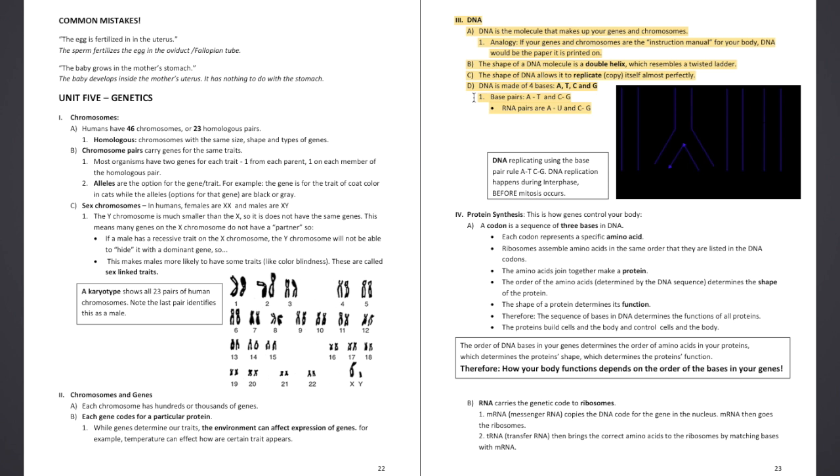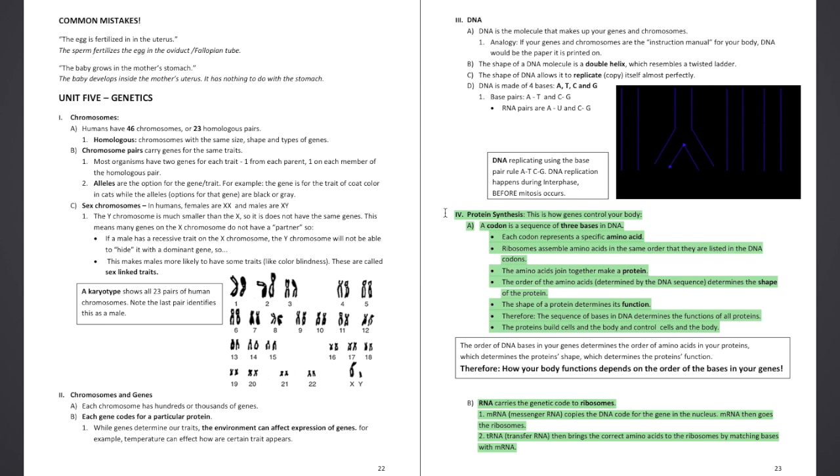Base pairs A and T, and C and G. RNA pairs are A and U, and C and G. DNA replicating using the base pair rule AT-CG. DNA replication happens during interphase, before mitosis occurs.